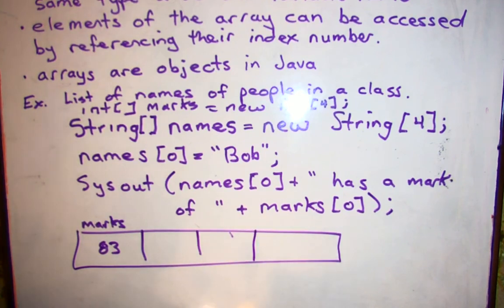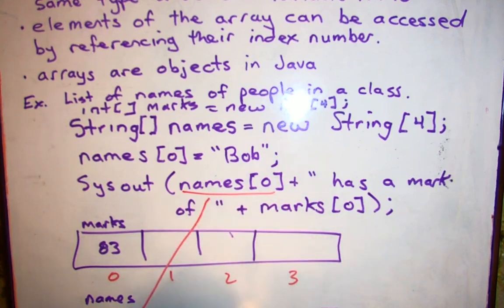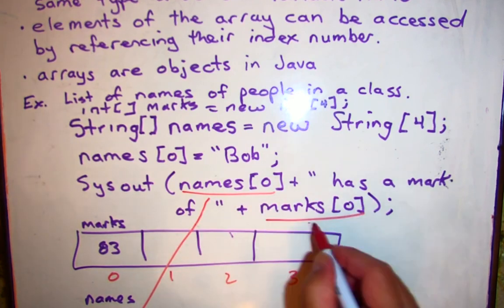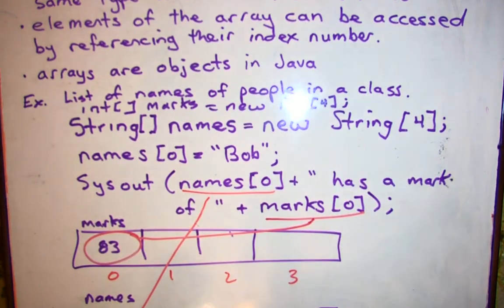Those elements would be labeled index 0, 1, 2, and 3. And then I would have a names array. And so far I've only set Bob. And Bob is in element 0. He's in box number 0. So when I say names 0, I'm really pointing to Bob. And when I say marks 0, I'm really pointing to Bob's mark of 83.